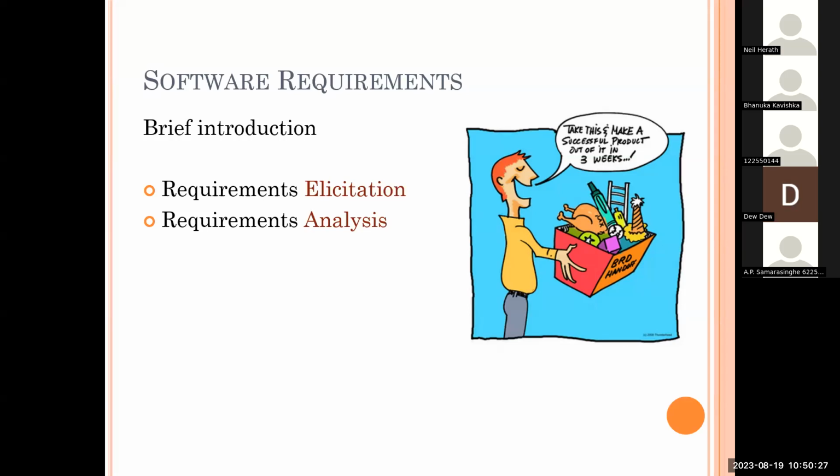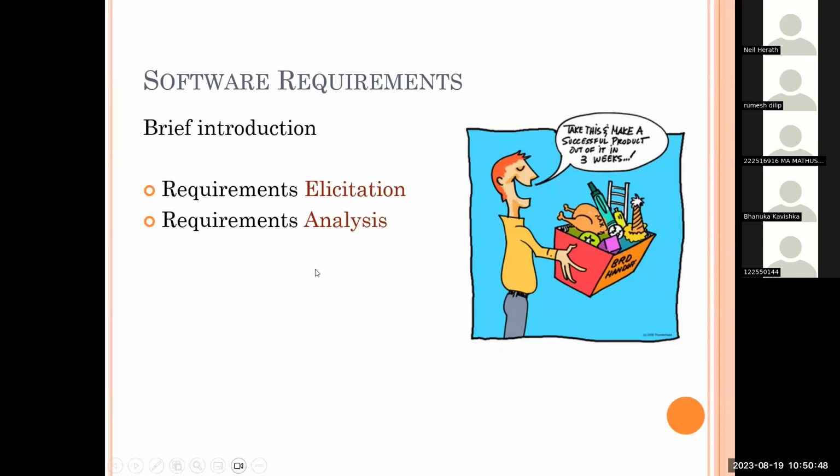So after we gather all the requirements, we have to analyze it. For this analyzing task, we may use this UML diagram and the data flow diagram. There are these two diagrams we will be focusing on in this course.